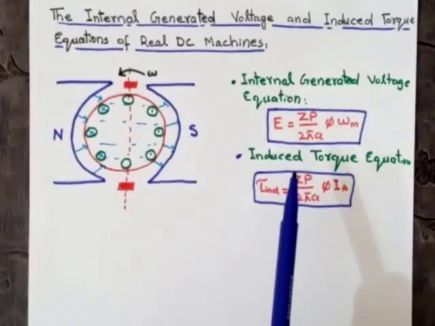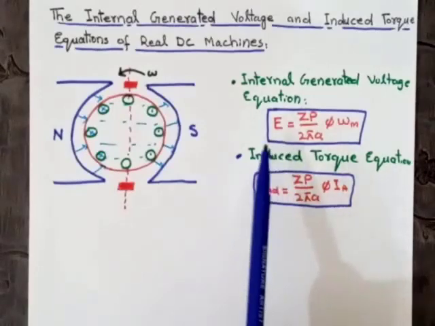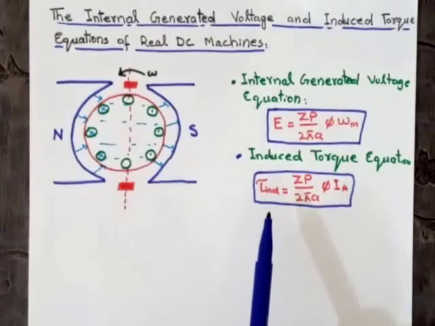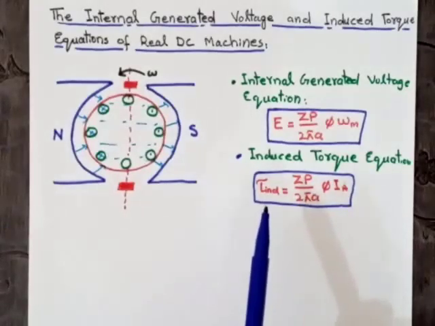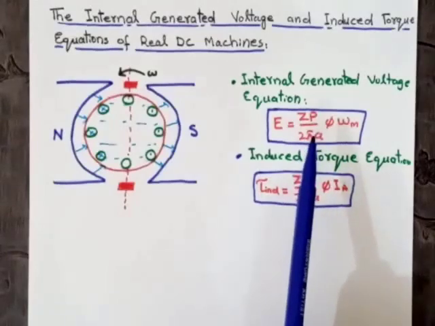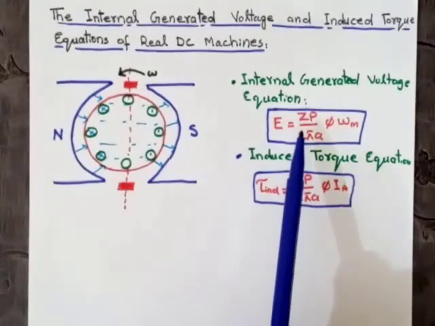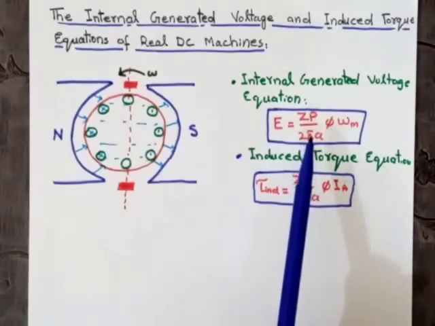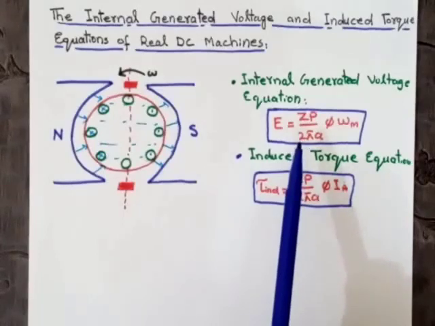By using this formula, we only calculate the approximate value of the induced voltage and the induced torque. Because, as you can see in this equation, we put the value of Z here, the total number of conductors, but not all the conductors in the machine are under the pole faces at any given time.